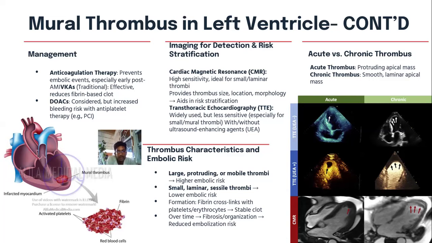And at the top you have a description whereby the acute thrombus shows a protruding apical mass, while the chronic thrombus shows a smooth laminar apical mass. The diagram on the far left just shows how the blood stasis actually happens and its location on the infarcted myocardium.